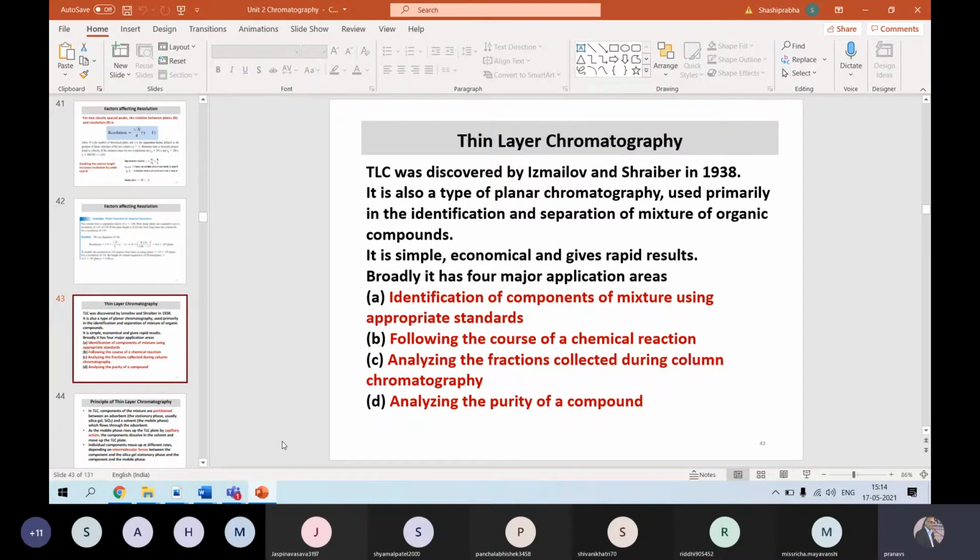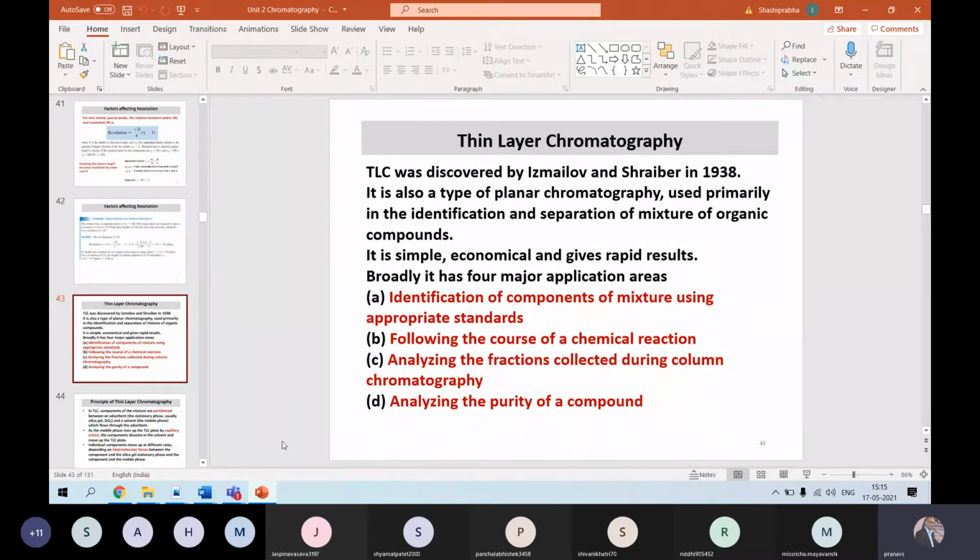Okay. The second thing is, and this is important, it is useful to monitor the course of a reaction. That means when you carry out a chemical reaction for a certain period of time, say for example 1 hour or 2 hours or 3 hours, any chemical reaction which you carry out, you monitor the progress of the reaction.